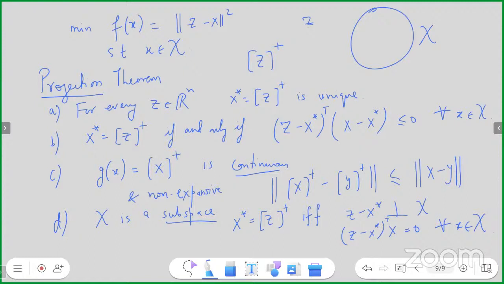And if it's a global minimum point, then the dot product of the gradient and X minus X star would be greater than or equal to 0. So just invoke whatever we did.